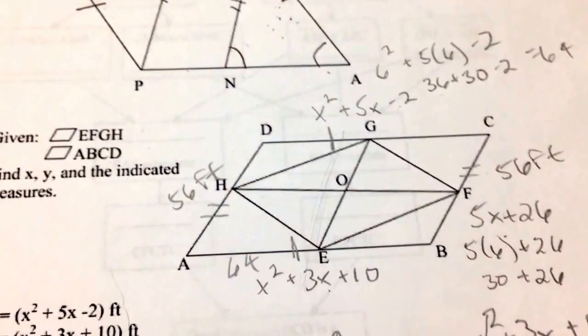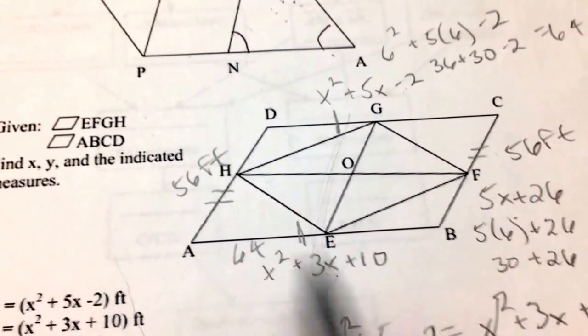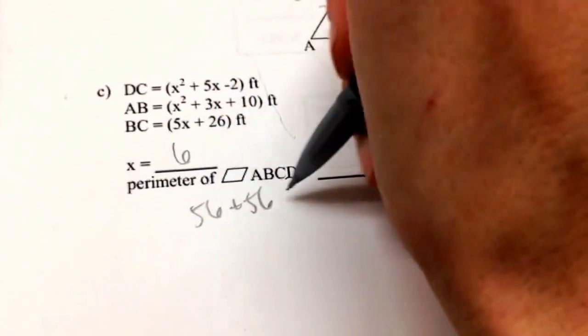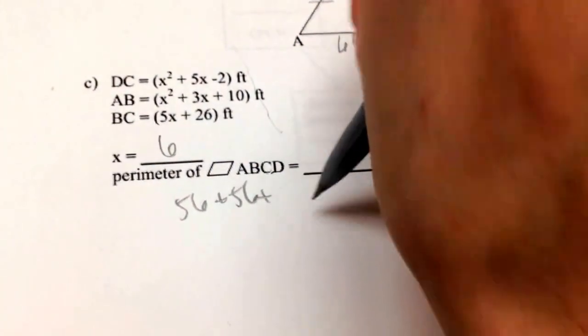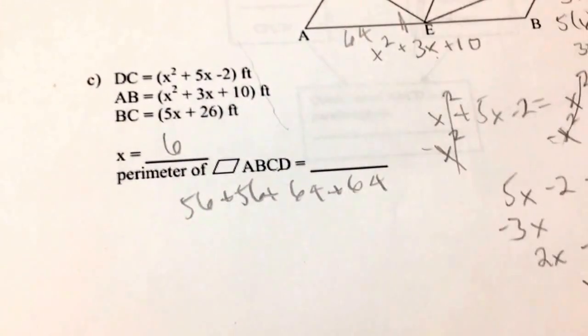And this side is also equal to 64. There's no sense in redoing this one because of the properties of a parallelogram. So for the perimeter, you should add 56 plus 56 plus 64 plus 64, and bada bing, bada boom, we will get our answer.